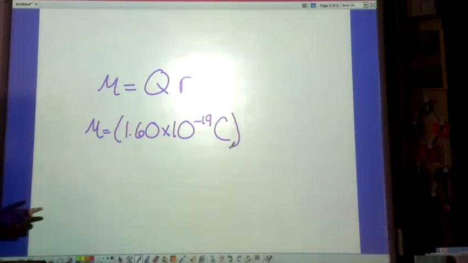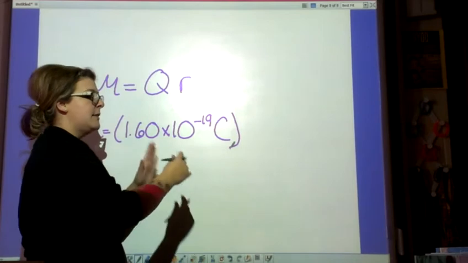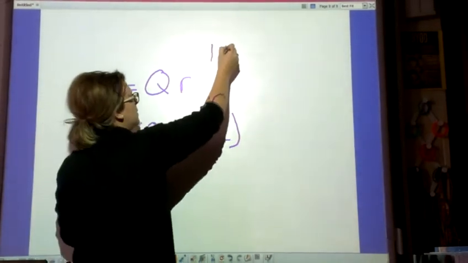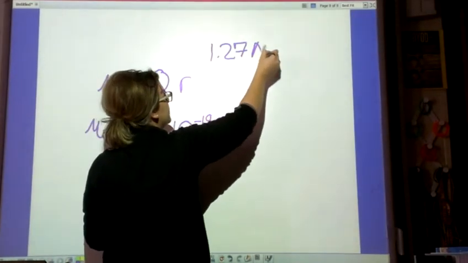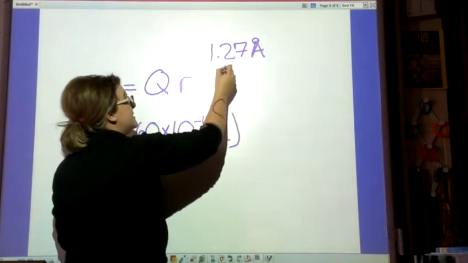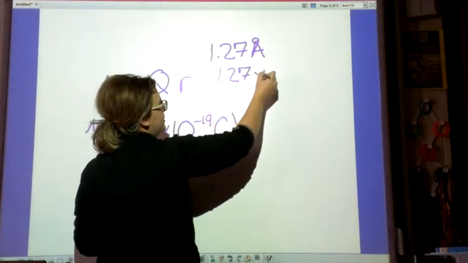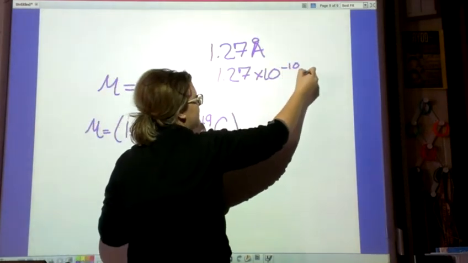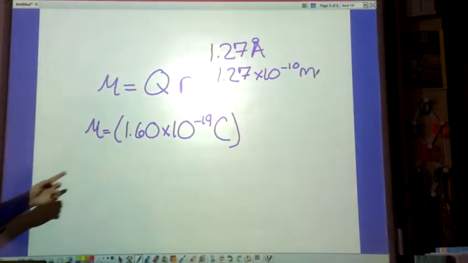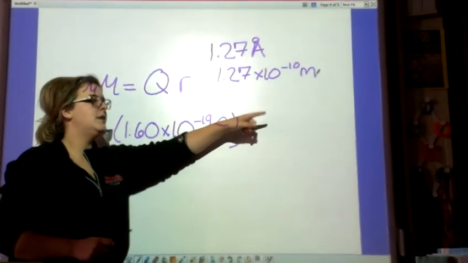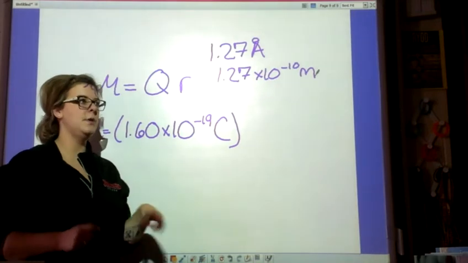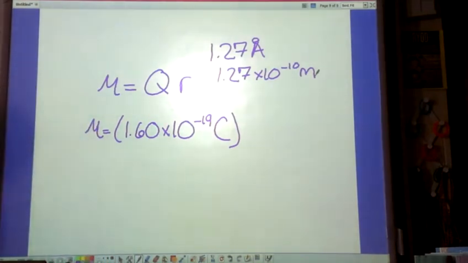I also know a distance. They gave me that the bond length was 1.27 angstroms, but that's the same thing as saying 1.27 times 10 to the negative 10th meters. And I want Coulomb meters because remember 1 debye is equal to 3.34 times 10 to the negative 30th Coulomb meters.